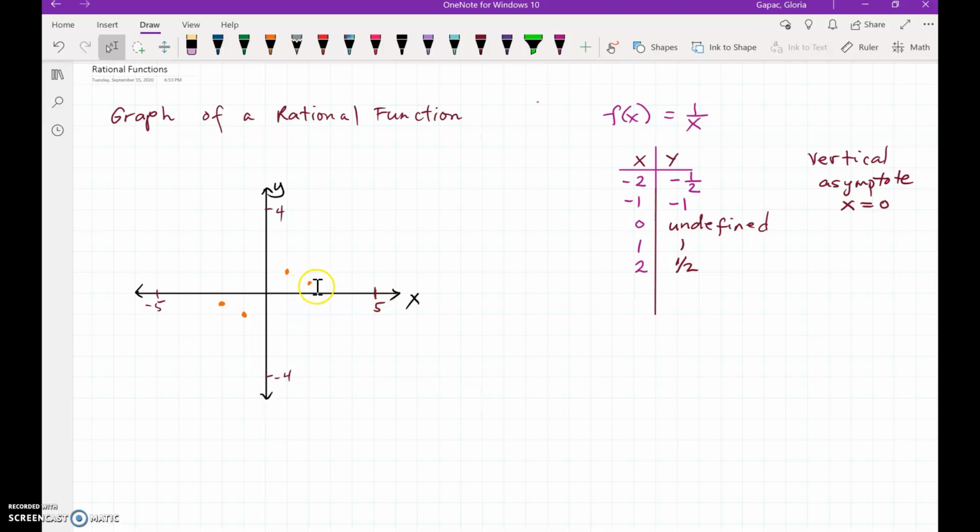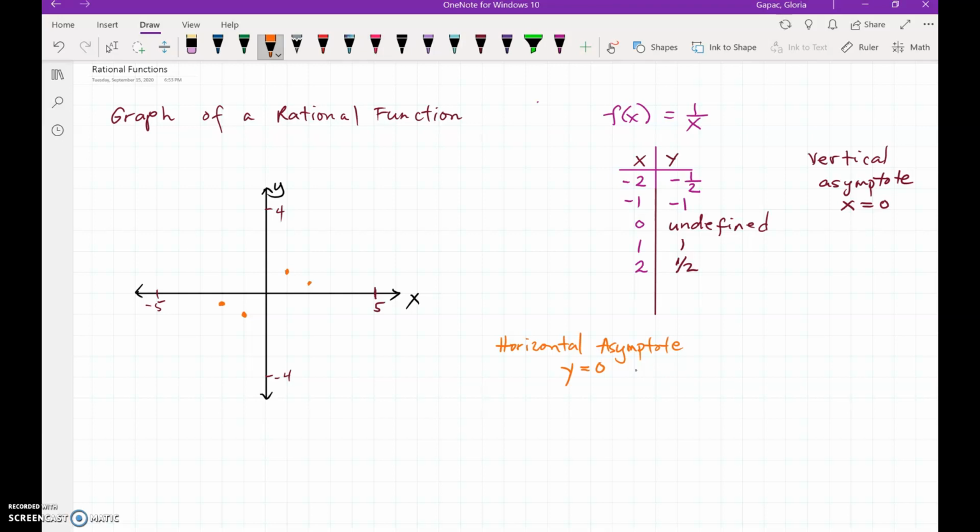So as I keep on having x values greater and greater, this part of the graph is just approaching the x-axis. And that part is what we call the horizontal asymptote. And that happens when, as the value of x gets larger and larger, y is approaching a certain constant value, which in this case is y equals 0.